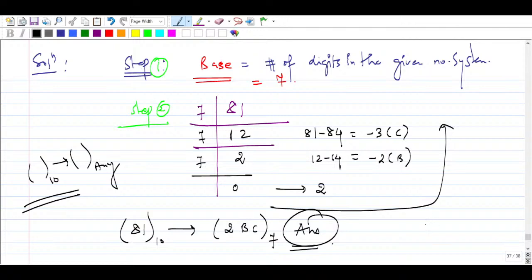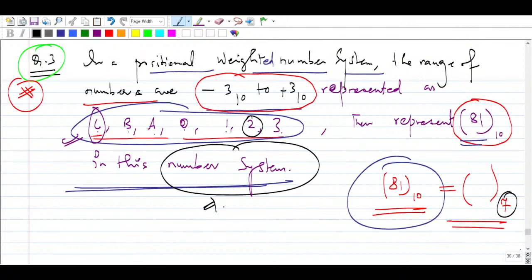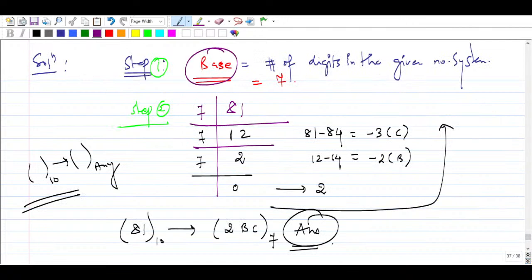So this is the question, and you have to keep it in mind. Let me recall this question again. In a positional weighted number system, the range of numbers is -3 to +3, and these are the symbols which are allowed in that base. Then you have to represent 81 in this. The very first step is to determine the base of this number system, and I got 7.